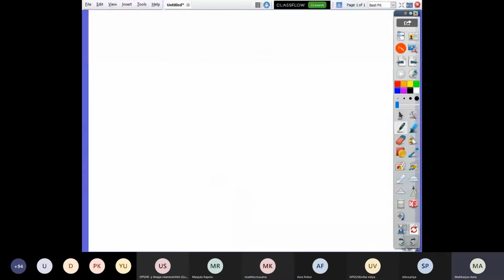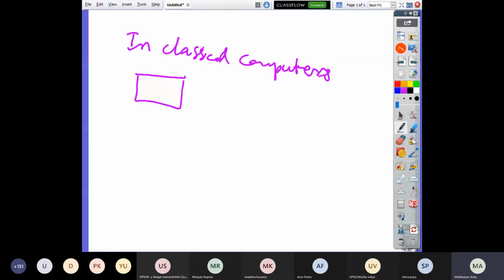Once again, I am repeating this. Please listen to me. In classical computers, if you take one data storage chip, a hard disk, whatever, it has this much size, but this one device has so many regions, and we can also see that in DVD drives.